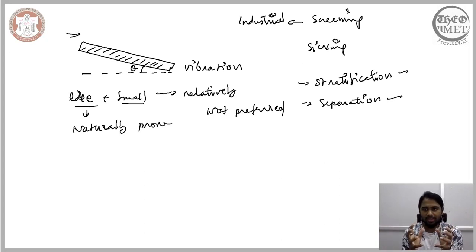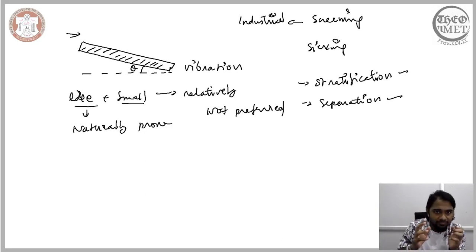So essentially, you have two different processes, two different events, from the perspective of the particles and the screen, and the interplay of these two events ultimately contributes to the process of screening, wherein the large size particles are separated from the small size particles.